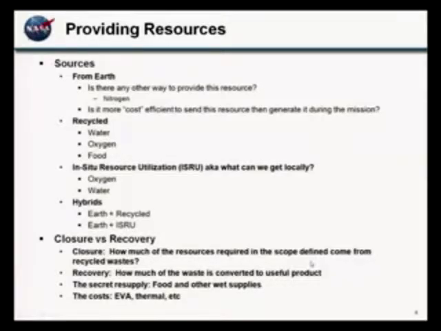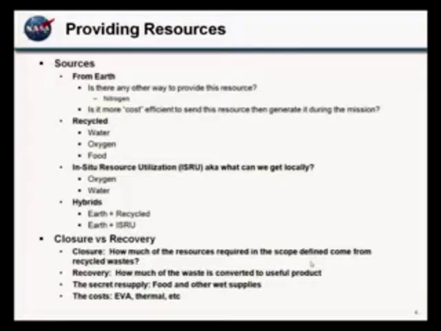And cost is in quotes because you have to decide what's of value to you. Like the dollars usually fall away. We're usually talking about mass. You may be talking about reliability. You may be talking about volume. You may be talking about power consumed. All of those things need to be considered.